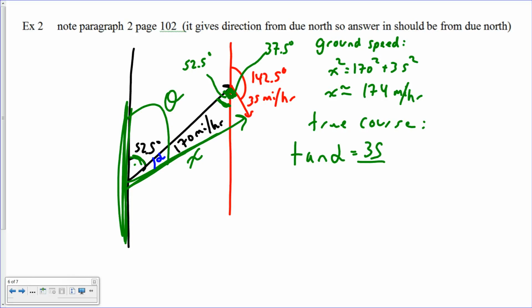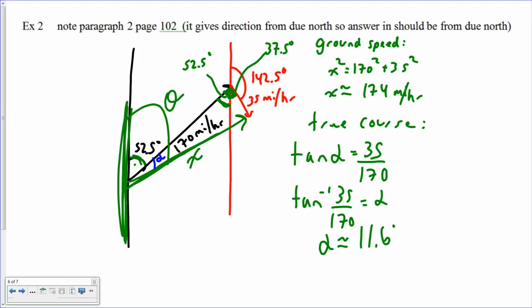So that's going to be 35 over 170, tangent inverse, and you're going to see that's 11.6. Now, I'm not going to just write that as my answer. I'm not done.